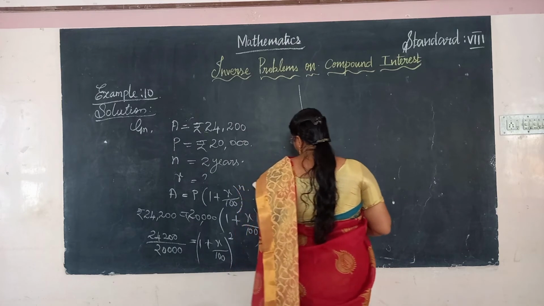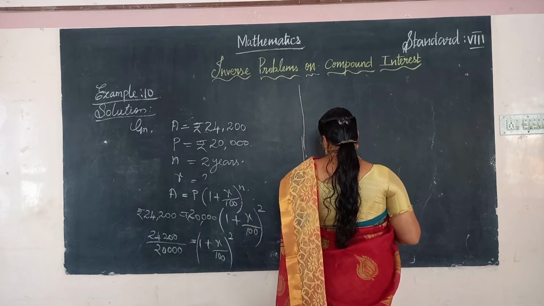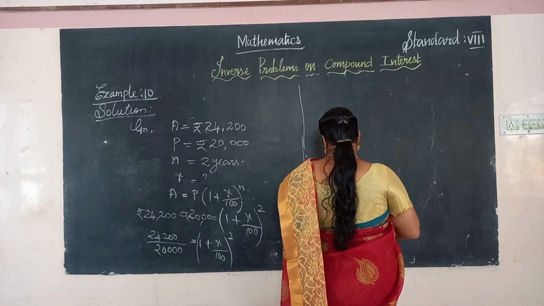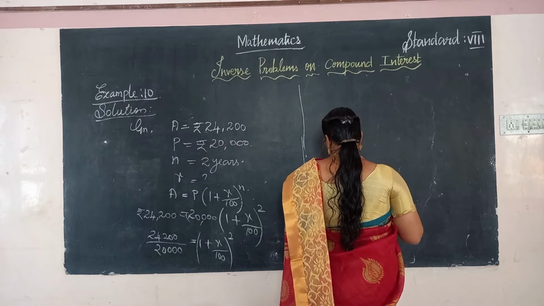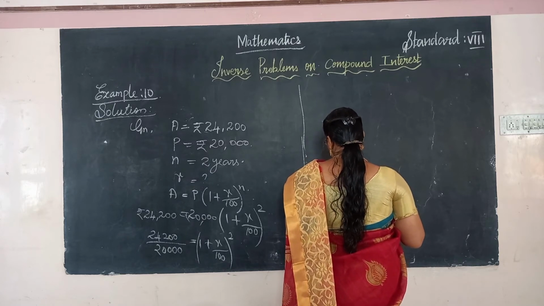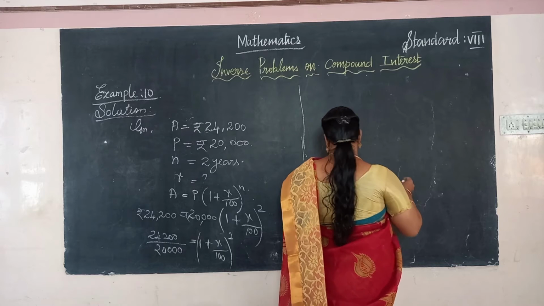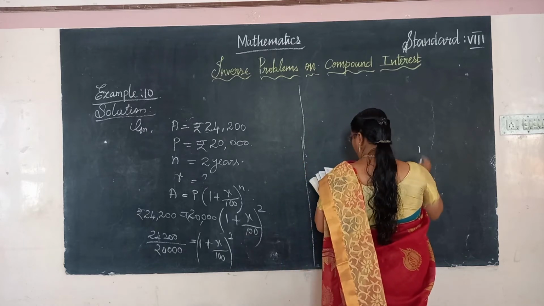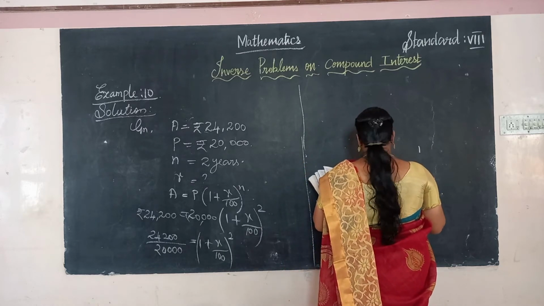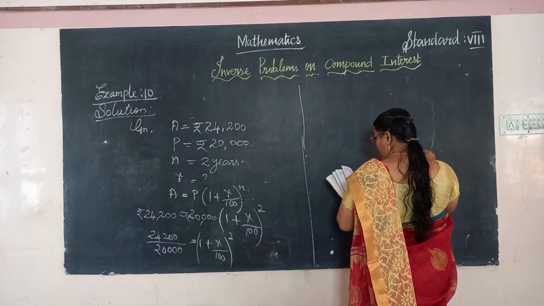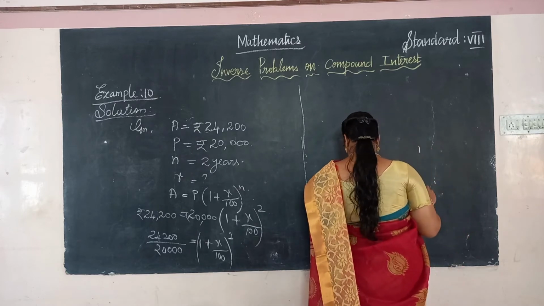So 20,000, everyone knows, is it? How can you write? 242 ... how many times is possible? 200.